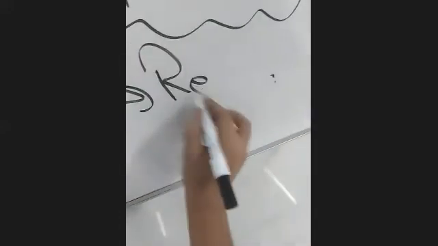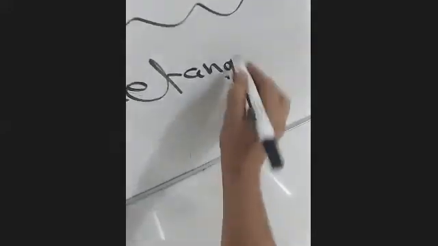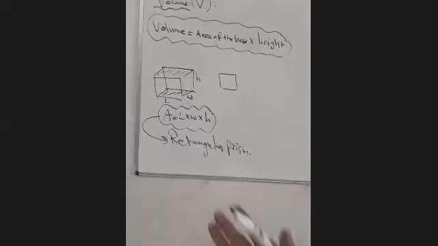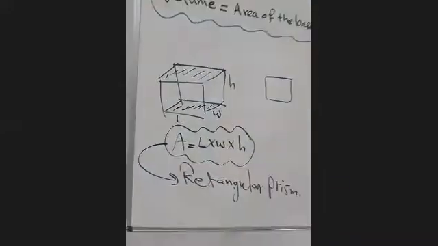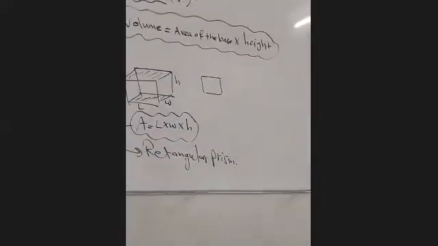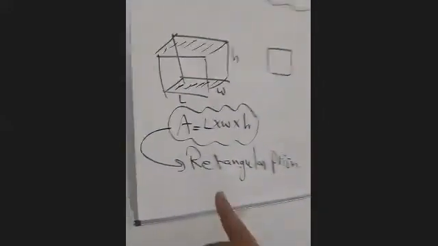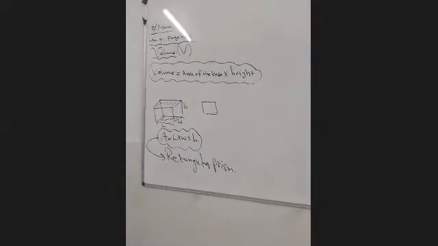For the rectangular prism. What is the rectangular prism? This thing, we call it a rectangular prism. Why rectangular prism? Prism because it has two bases, up and down. And rectangular because all of the sides of the room are rectangles, okay?